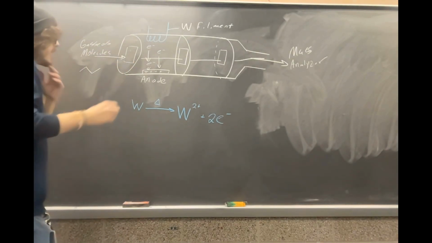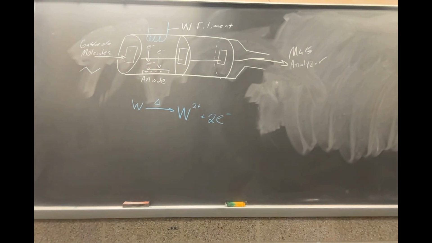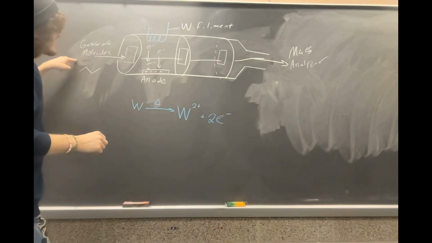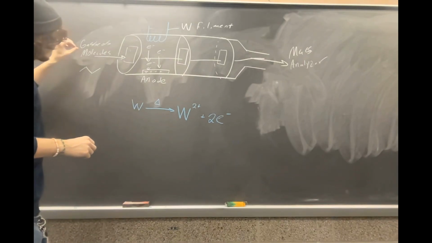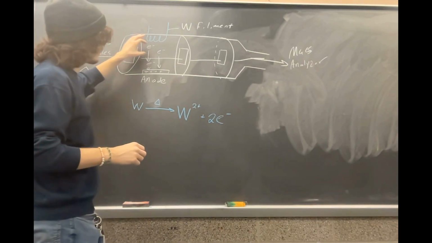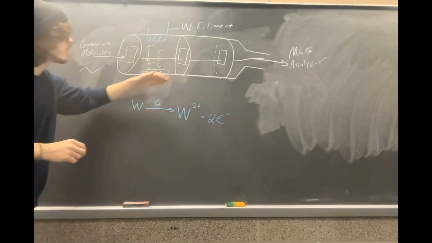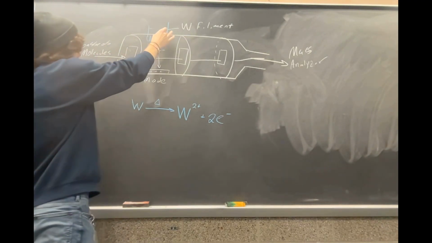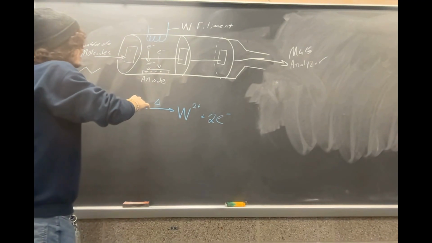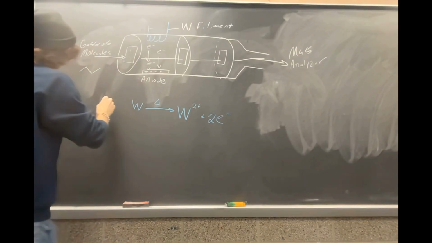Okay, so we have that described. Now we need to describe what's happening as the gaseous molecules move from one region to the other through this stream of electrons. I want to make another thing clear, the voltage difference between the filament and the anode.